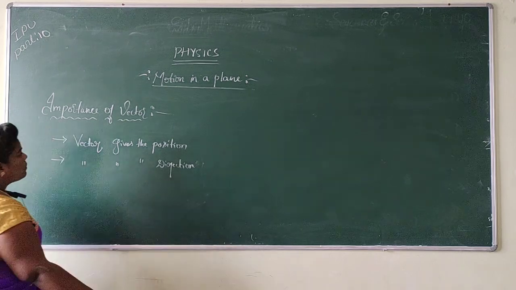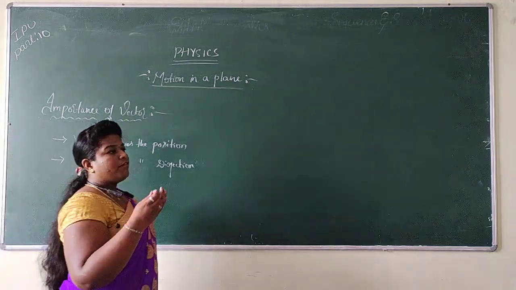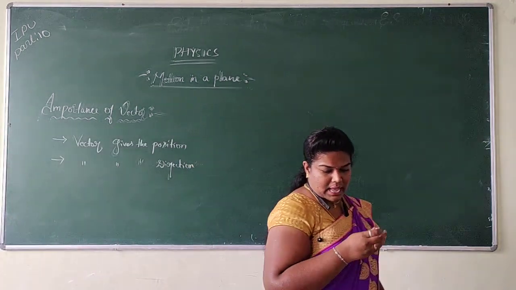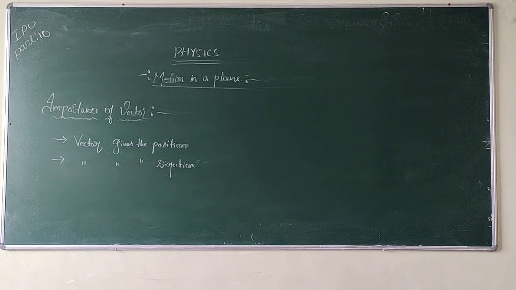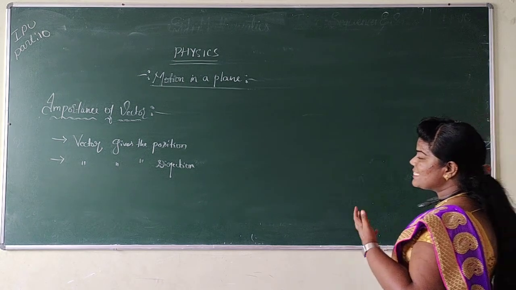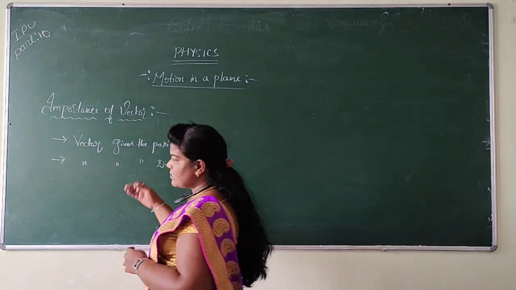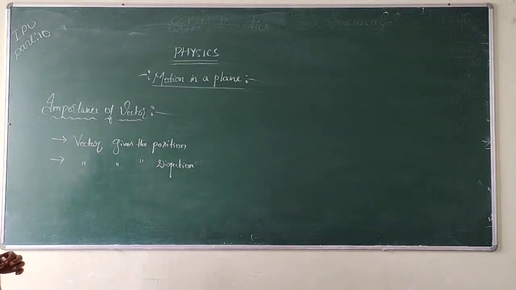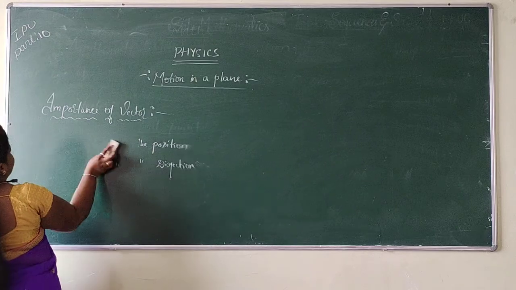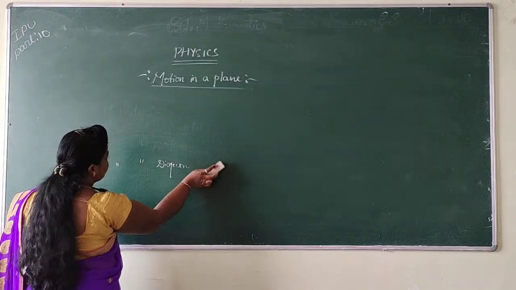So it means the vector gives the position of any object or any particle, as well as the direction also. Not only that, even many laws in physics can be easily discussed with the help of this vector concept. See my dear students, vector is divided into so many types.